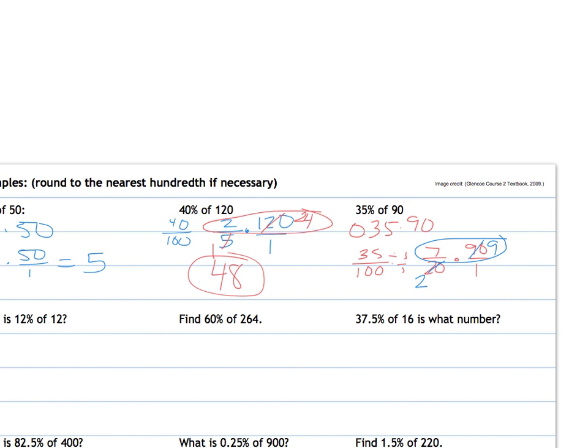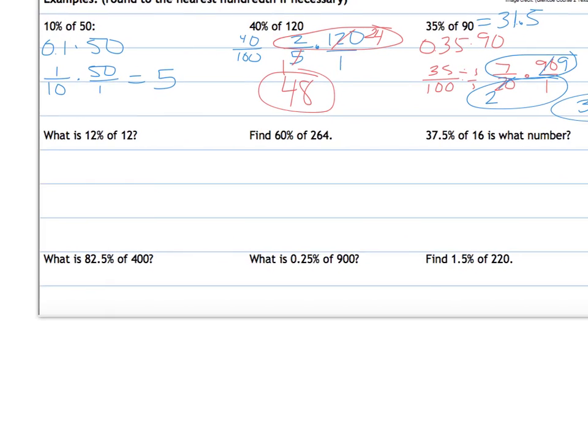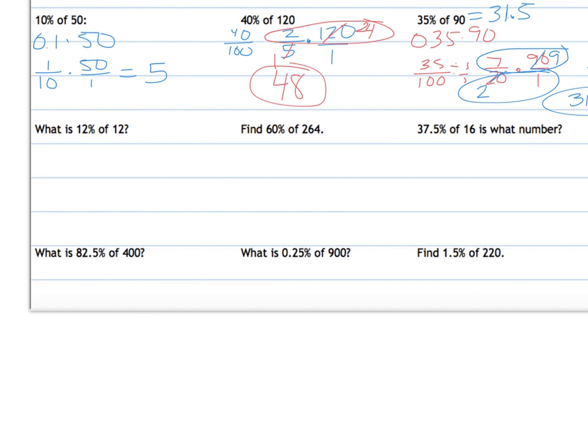So I have 7 times 9, which is 63, over 2 times 1. 63 divided by 2 is 31.5. So 31.5 is 35% of 90. So we're using very much old skills to apply to this new one. So give some of these a try, please.